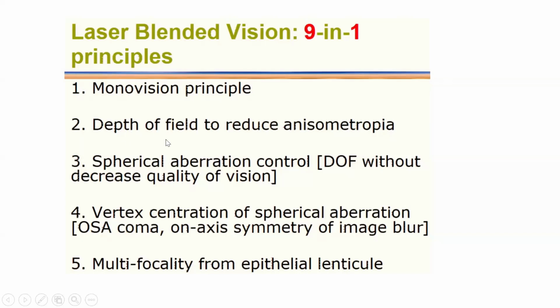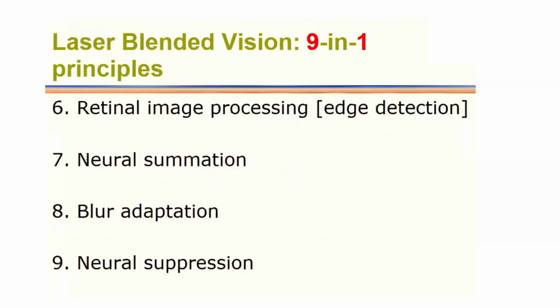We are giving a depth of field to reduce the anisometropia. We are doing spherical aberration control. We are centering the treatment on the corneal vertex. We get some multifocality due to the epithelial lenticule after healing. Once the image is formed, the retina processes it, the brain summates it, adapts to the blur and suppresses the blurred image.